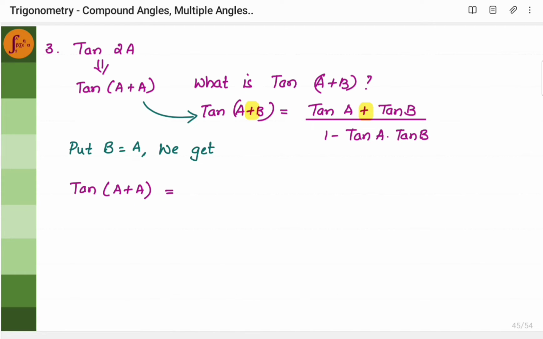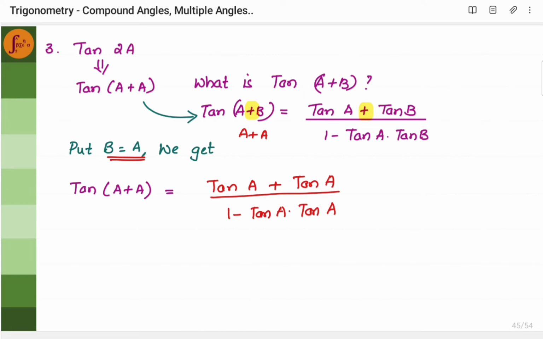Now we will substitute. Instead of B, I'll put A because I need A plus A. So I'll get tan A plus tan A over 1 minus tan A into tan A. So this is 2 tan A by 1 minus tan A into tan A, which is tan square A. Simple.